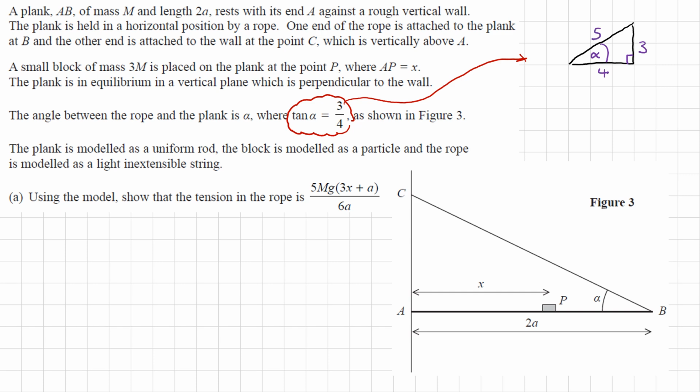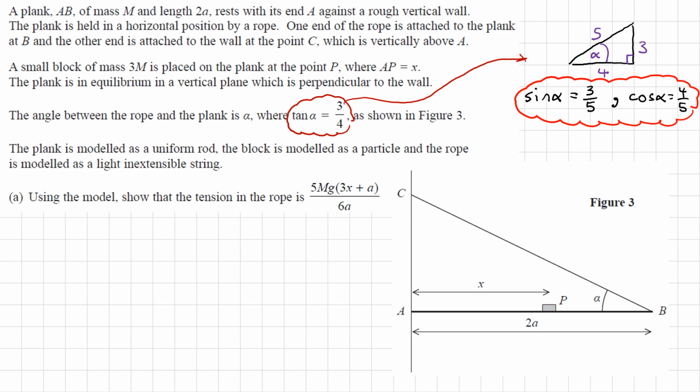Using Pythagoras, the hypotenuse is 5. So the exact value of sine alpha is the opposite over the hypotenuse, 3/5, and the exact value of cos alpha is the adjacent over the hypotenuse, 4/5. I will highlight that because I'm going to be using this later on.